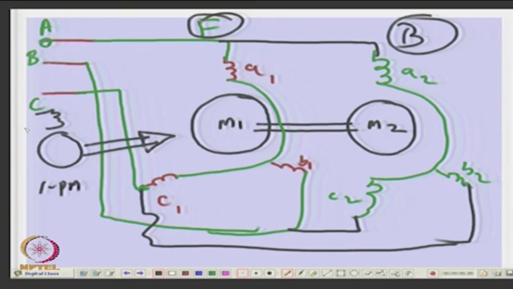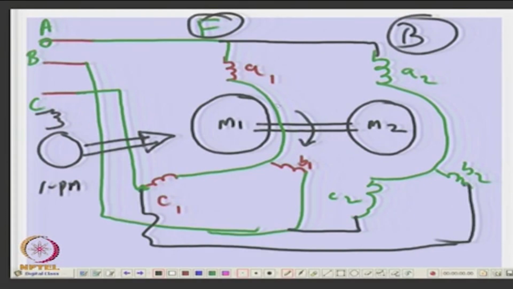So, this is what was conceived as a correct way of looking at the performance of a single phase induction motor, as equivalent to the cumulative effect of 2 three phase motors of appropriate amplitude of voltage applied, but applied to two motors of opposite phase sequence.